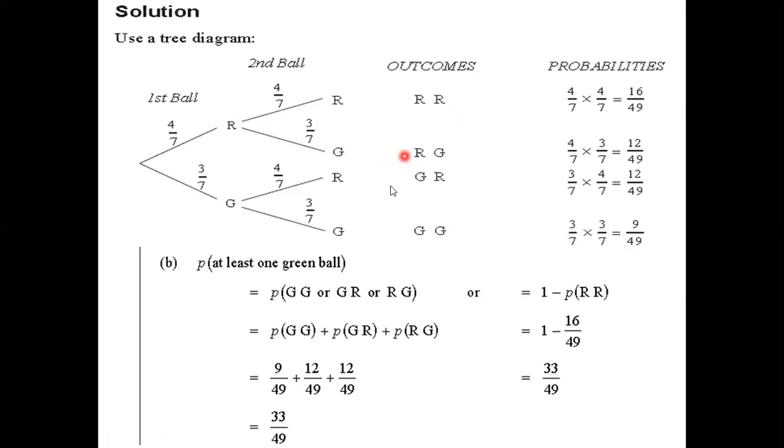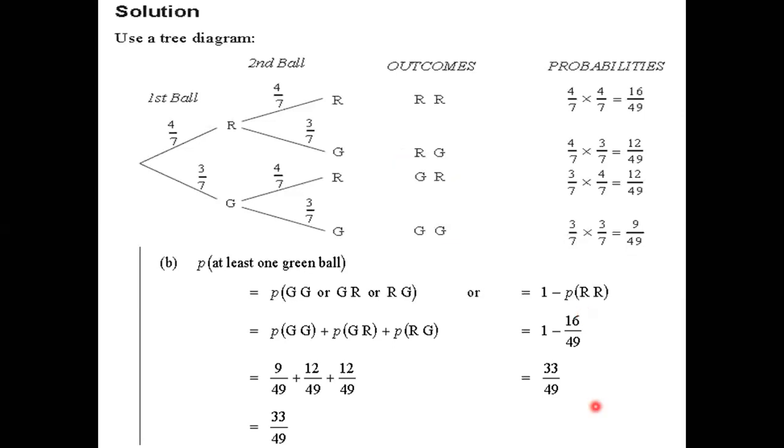So these three down here show at least one green, and this one up there, which is red, red, shows no green. So that's why the probability of at least one green will be the same thing as 1 minus the probability that we have no green. That's the probability that we have red, red. So that gives us this answer as the same.